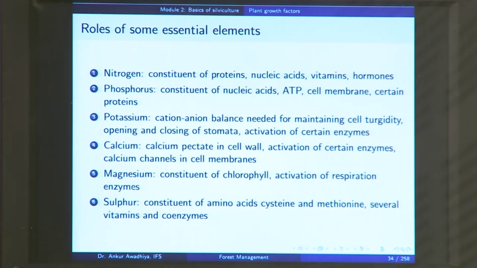Now, turgidity refers to whether the cell membrane of the cell is stressed or whether it is flaccid. So, if a cell has a lot of water inside it, it will bulge and the cell membrane will become stressed, and in that case we will call it a turgid cell.